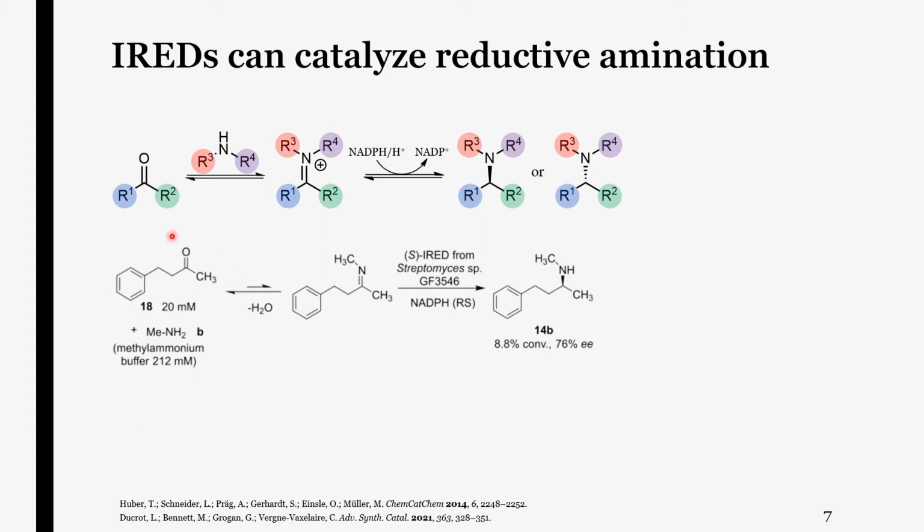Therefore, they use a carbonyl substrate and an amine donor, which was used in large excess, so there's the limitation of this amine donor, to yield the imine intermediate, and then they used the S-selective IREDs from the Japanese group to get the final amine product, where they have a decent enantiomeric excess but a very low conversion.